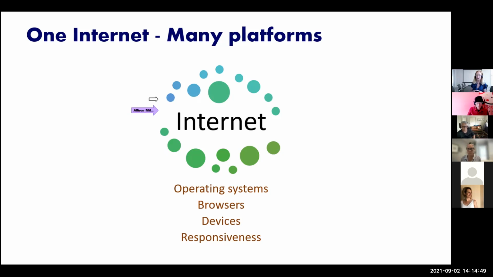The amount of times that I've had to triage students around, I can't view that video that's embedded there. When I open the page, this doesn't happen. On my device, the button's not showing, right? So what you've got to remember when you're developing things, as Michael's talked about, is SCORM. SCORM is an internationally recognised way of bringing together information.